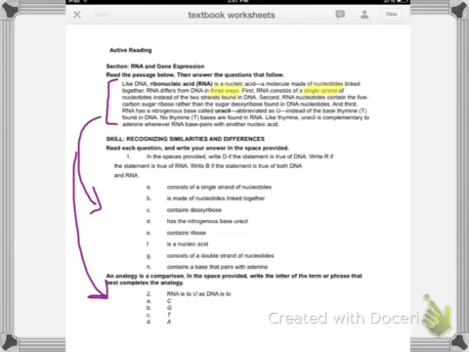Second, so back to the reading. RNA nucleotides contain the 5-carbon sugar ribose rather than the sugar deoxyribose found in DNA, which deoxyribose is why we have our name DNA, deoxyribose nucleic acid. So it's named after the sugar.